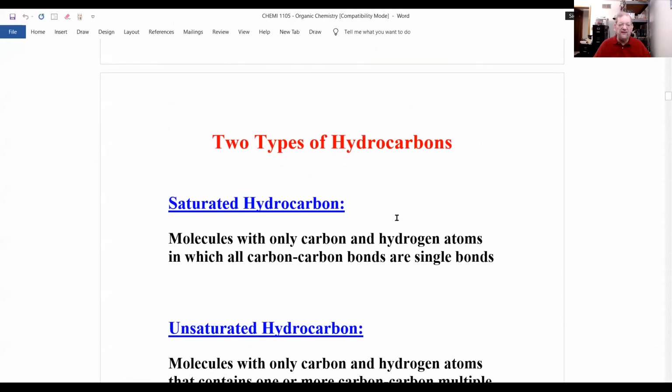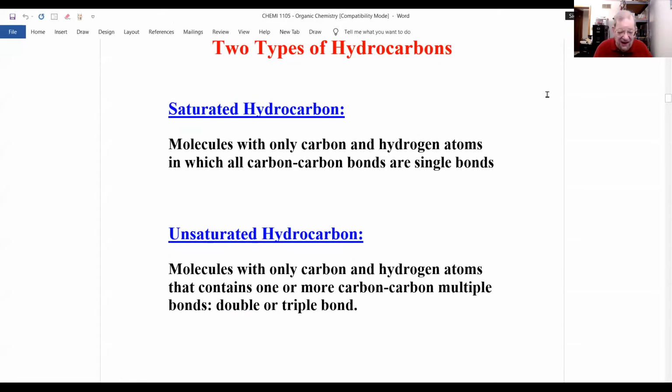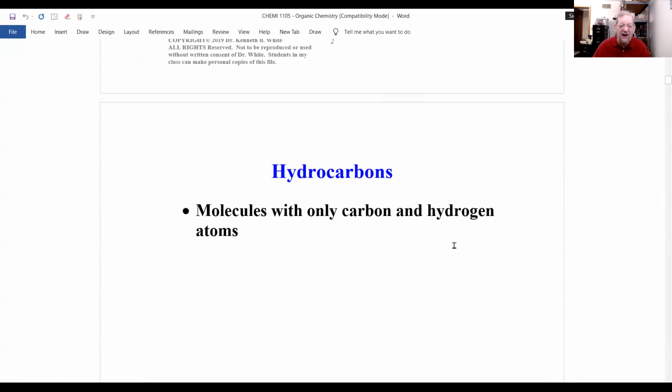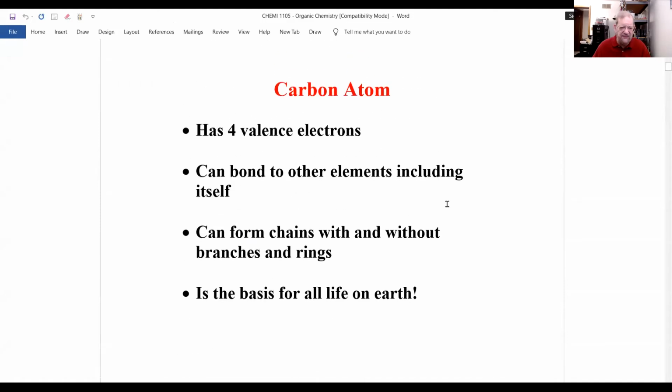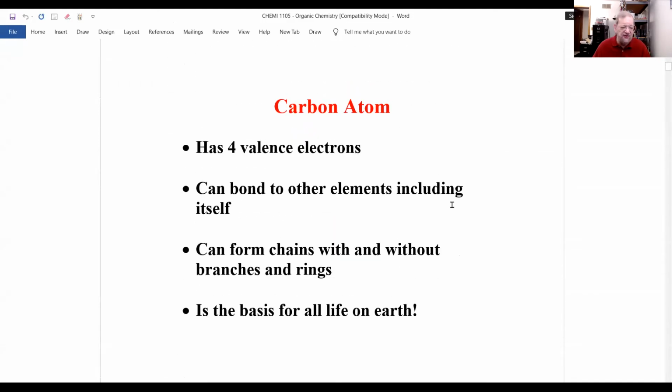And I sort of sped through it, but I'm going to do a quick review, which I haven't done this semester. When we talk about organic chemistry, the first thing you should know is the carbon atom. Organic molecules, all of them have carbon and hydrogen.